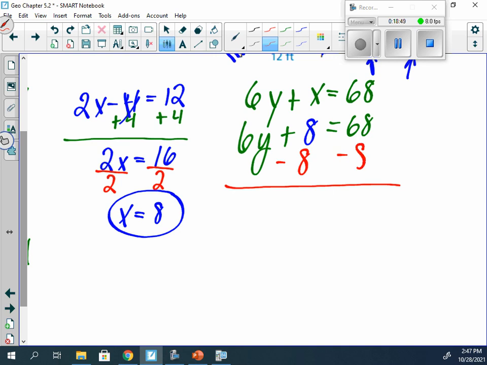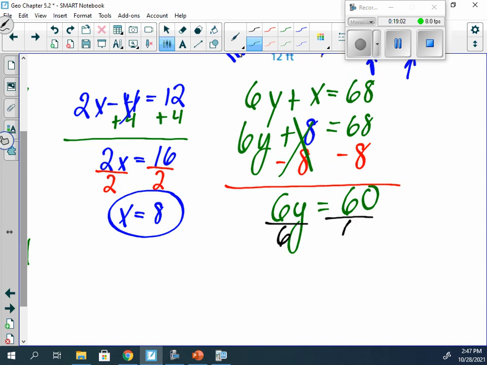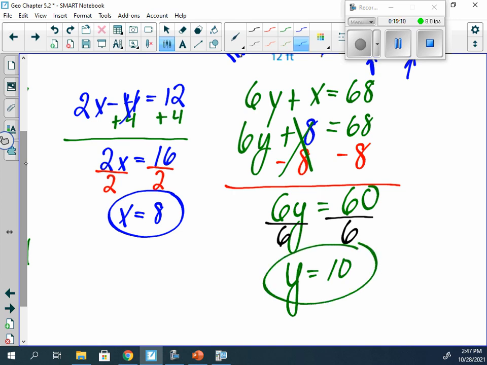We can subtract 8 from both sides, so here the 8 and 8 cancel, which tells us that 6y is equal to... And that's it. And that's all that it's asking us for.